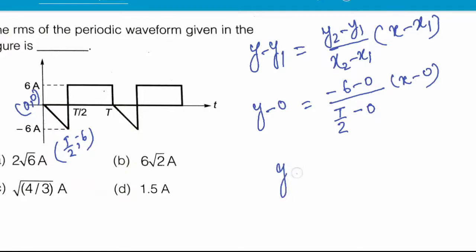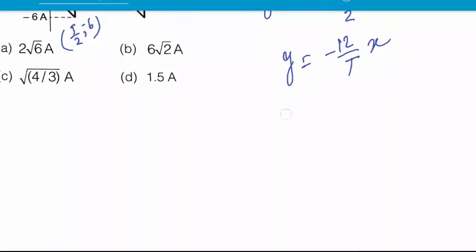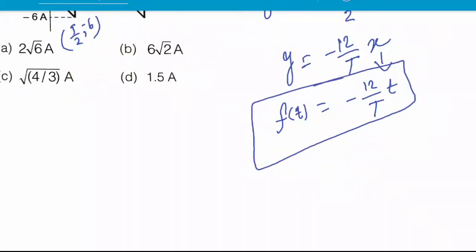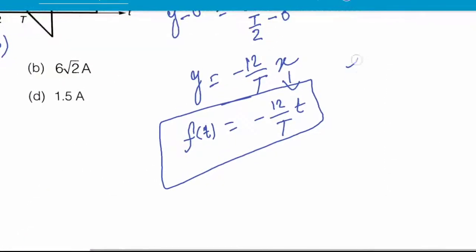This is coming to be y is equal to minus 12 by T x, and if I convert to the real one, then f of t is equal to minus 12 by T, small t is x. This is the function for this slanted line, and this also can be found by y is equal to mx plus c, where m is the slope and c is 0, because this is crossing through the origin.